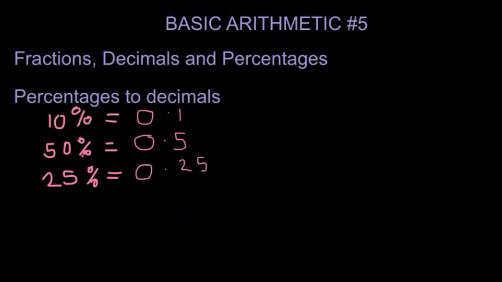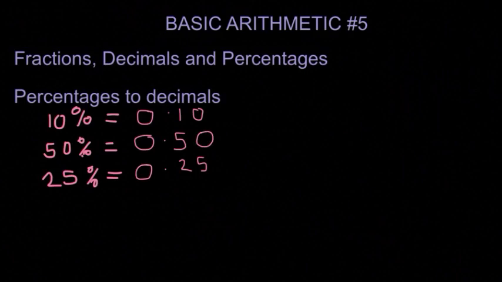Now, to help to discern a pattern, if I, for the first one, for 10%, write 0.10, and for the second one, 50%, 0.50, we might be able to see that actually the decimal place has been moved 2 places over to the left.